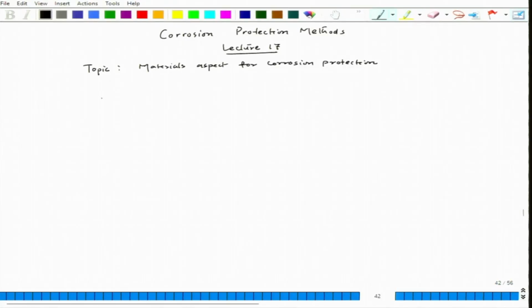So we talk about processing. Fine. When we talk about microstructure, it could be single phase or multi-phase. It could be single grained or multi-grained, or it could be amorphous or grained.